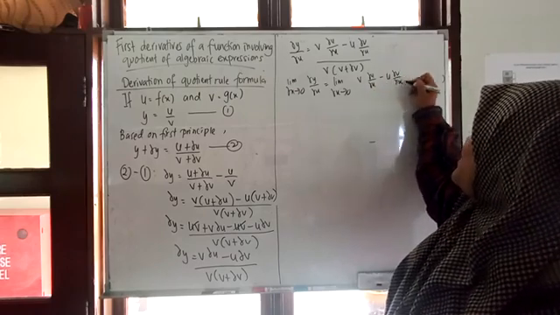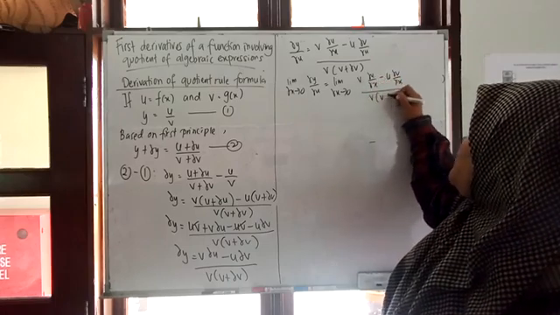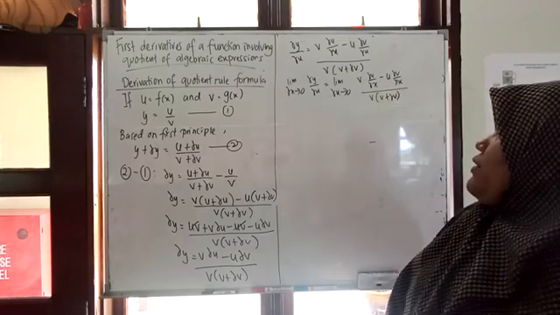delta u over delta x, over v times (v plus delta v).